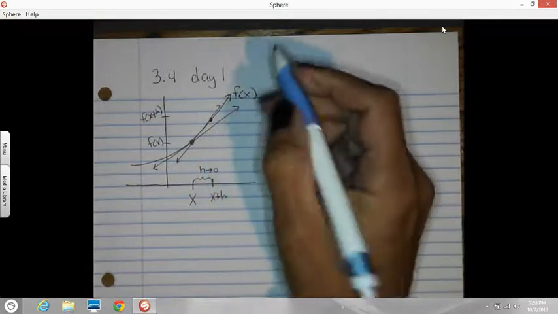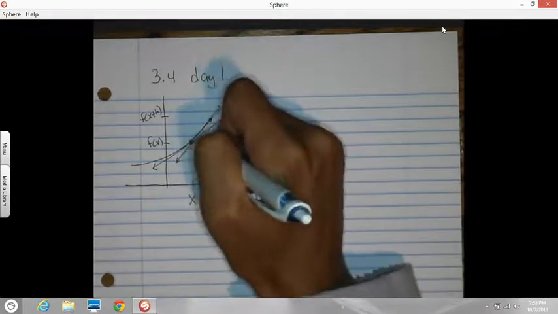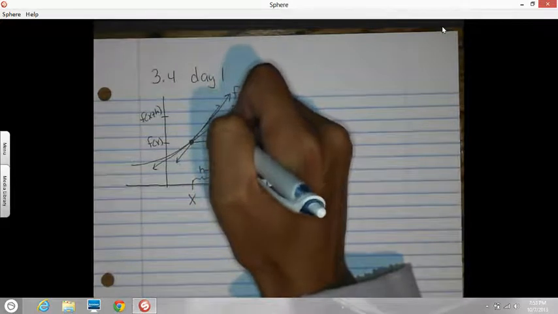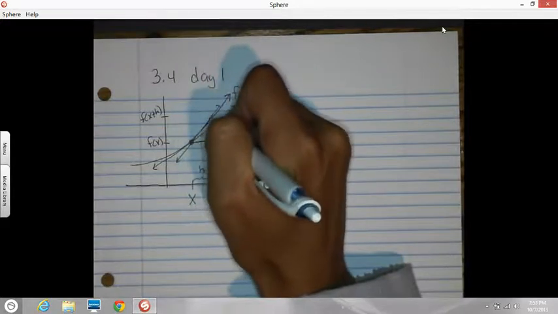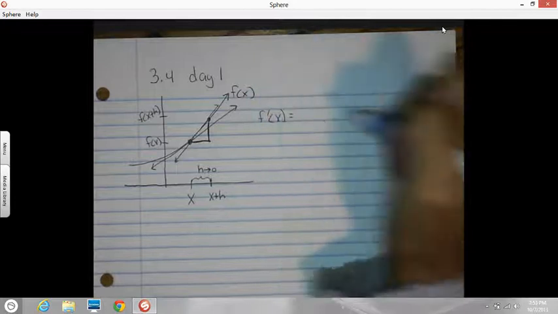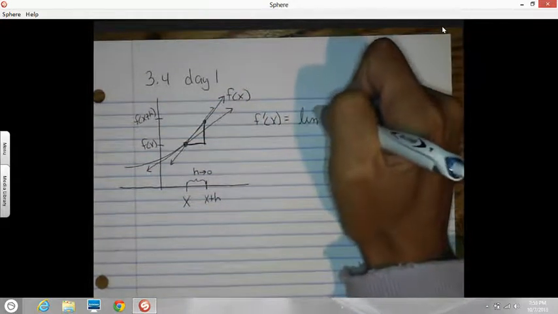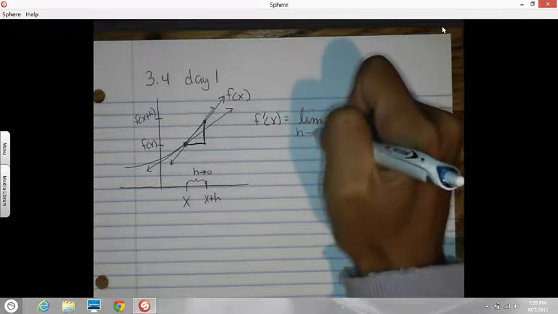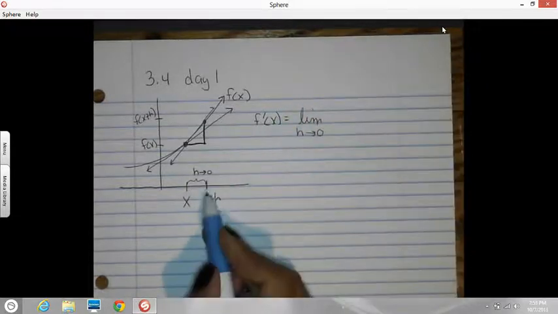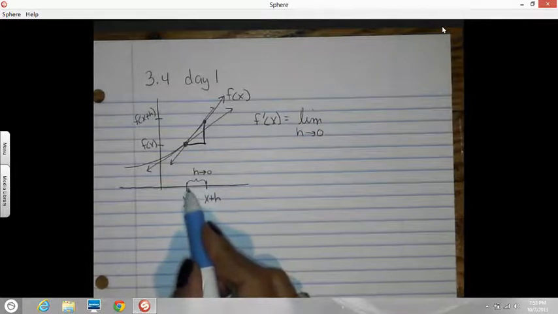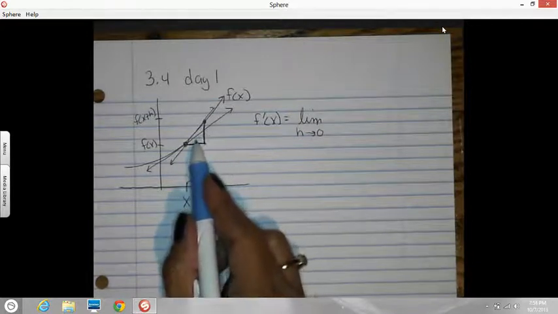So we want an equation that gives us the slope of that secant line, which is the change in y over change in x. So the derivative equation will be the limit as h approaches 0, because I want to slide this x value in very close and see what value the slopes are approaching.